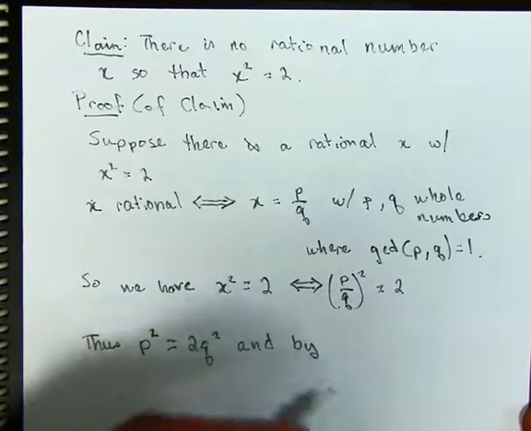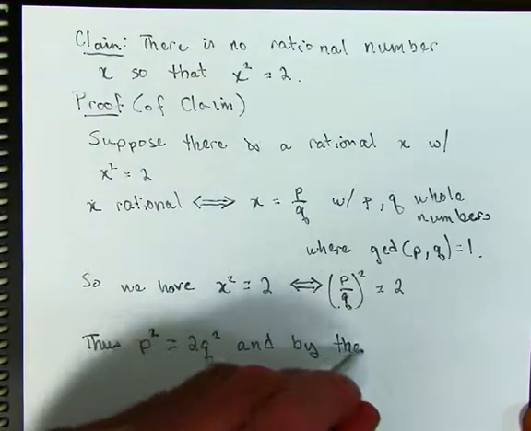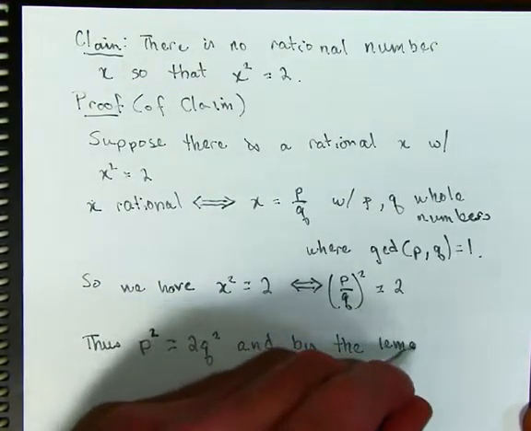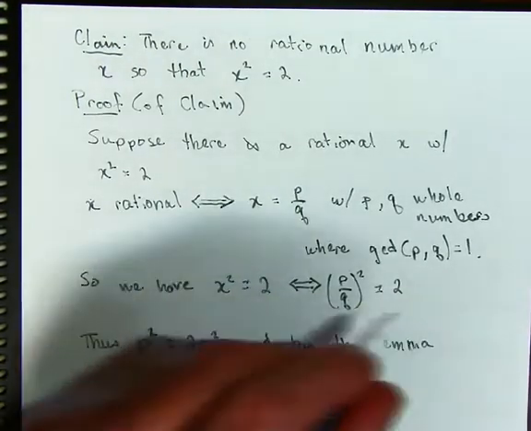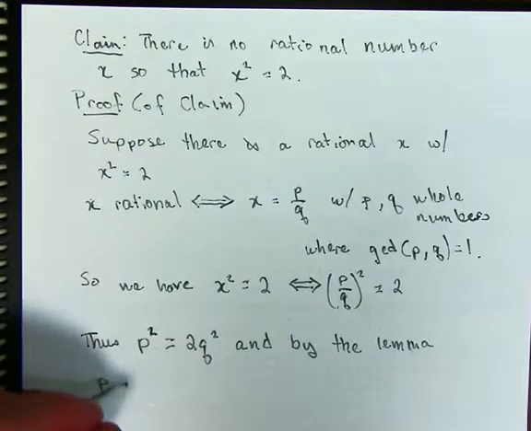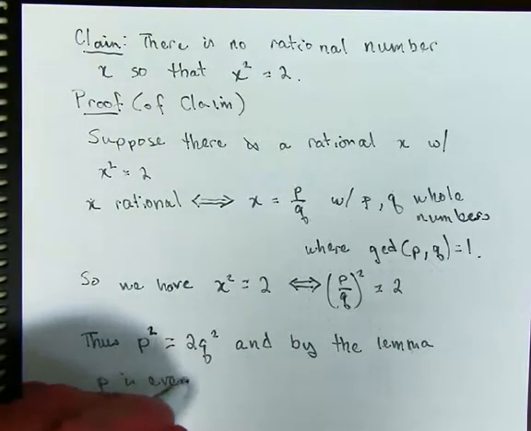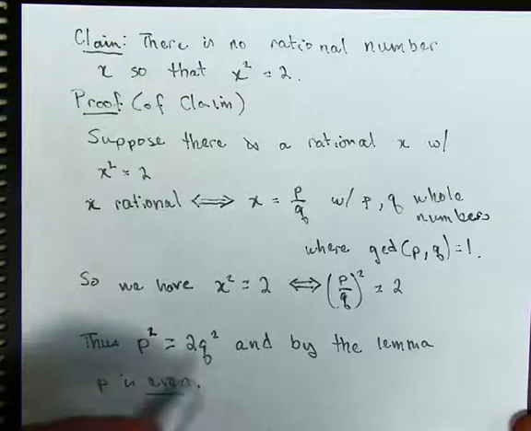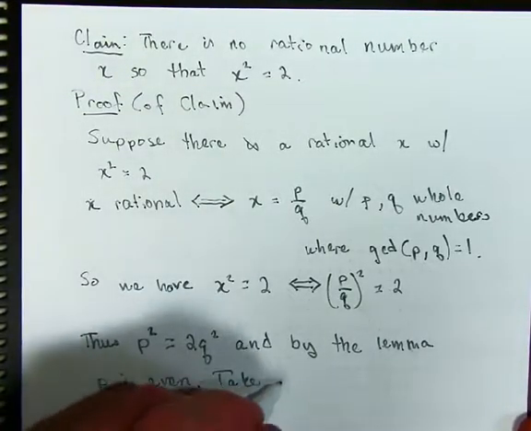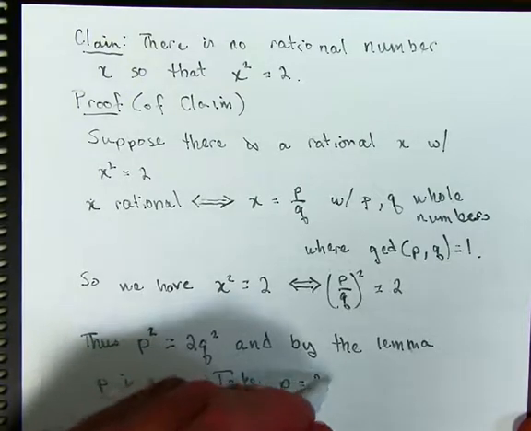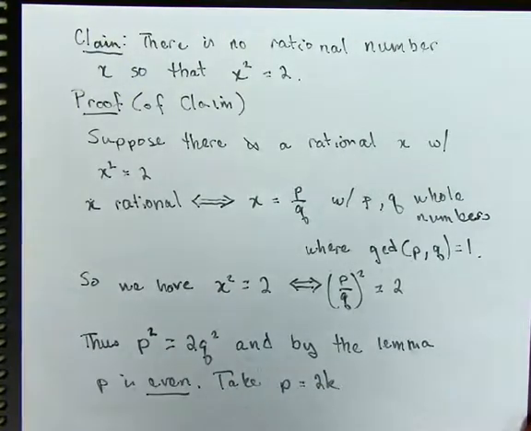And by the lemma that we just proved, that means p is even. So we can take p equal to 2 times some other integer, 2k.